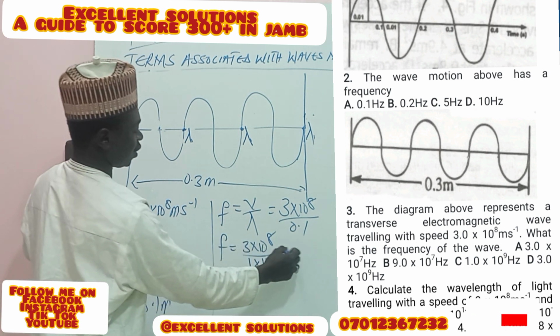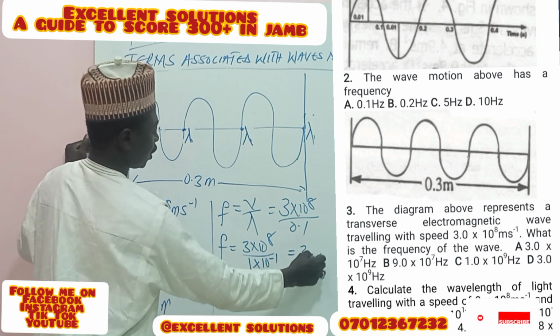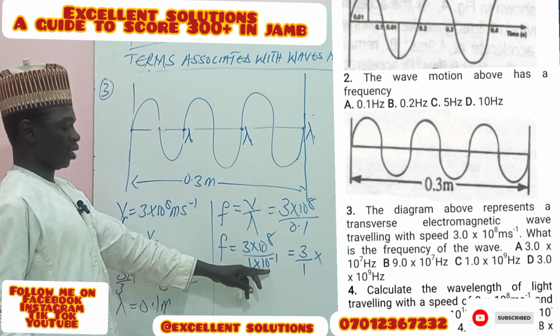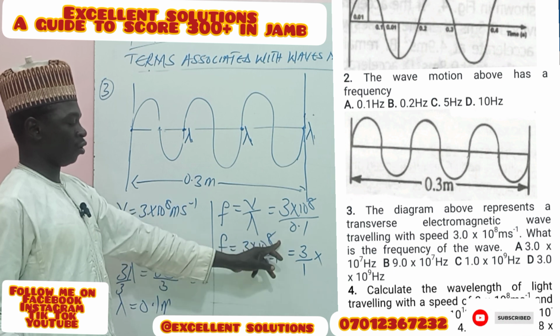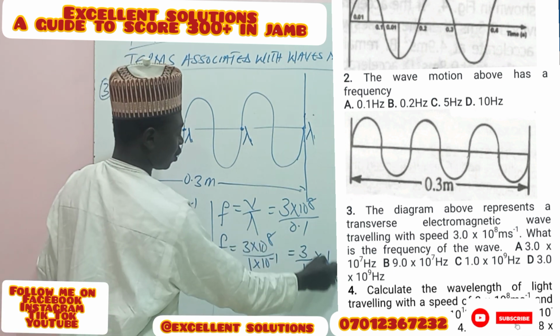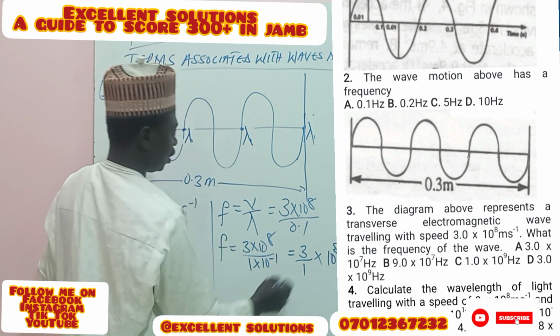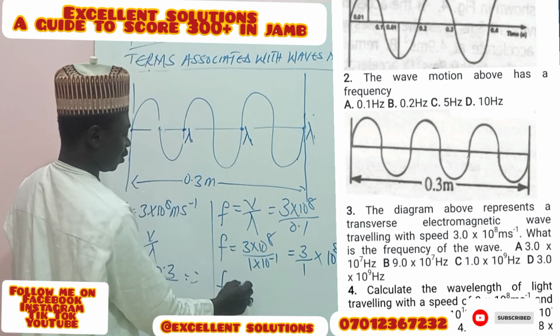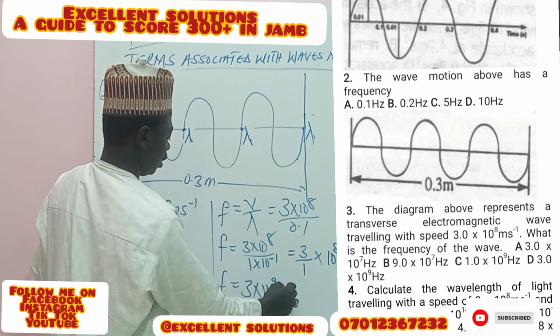So this is now the same as 3 divided by 1, times, if the minus 1 goes up, it becomes plus. So this becomes times 10 raised to the power of 8 plus 1, and this now becomes F equals 3 times 10 raised to the power of 9 hertz.